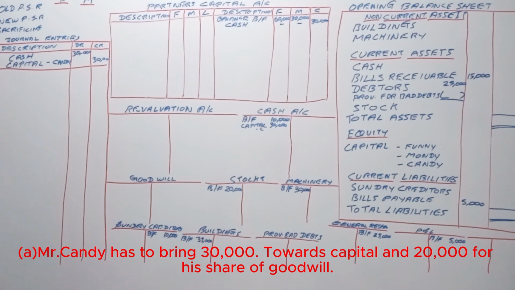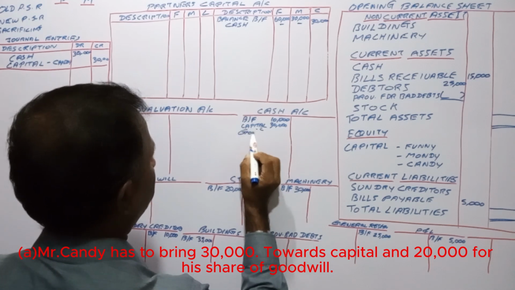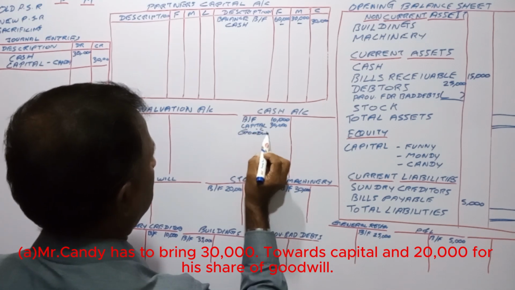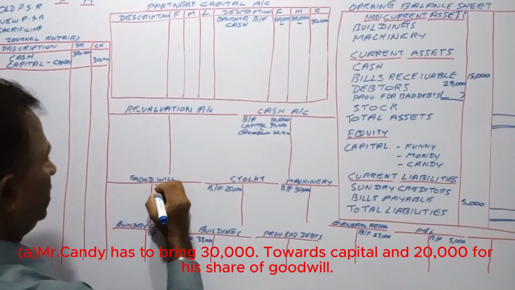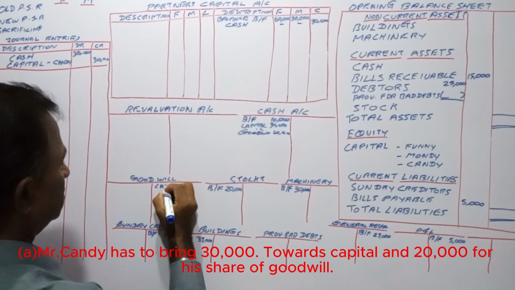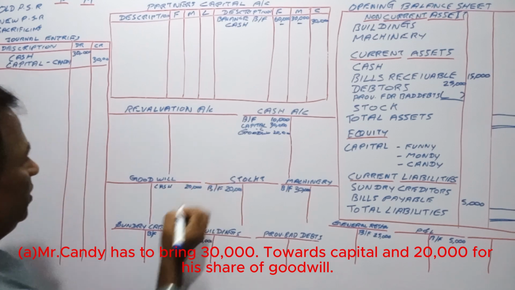The second one is his share of goodwill, 20,000. He is bringing goodwill of 20,000.